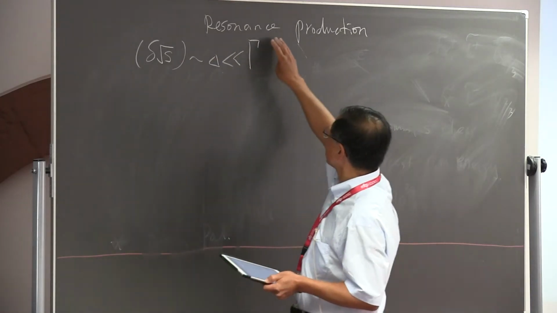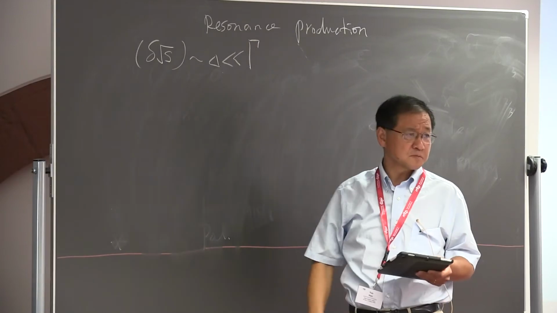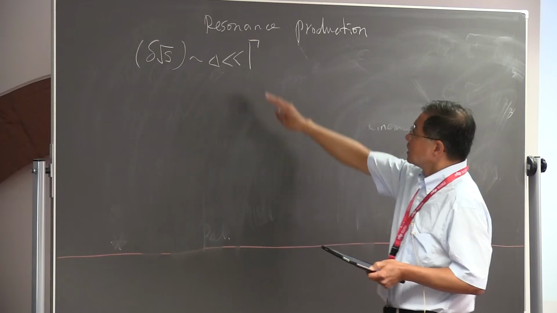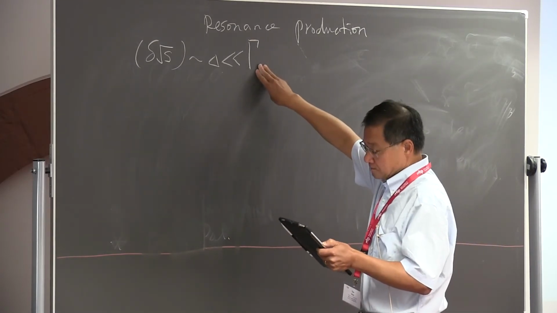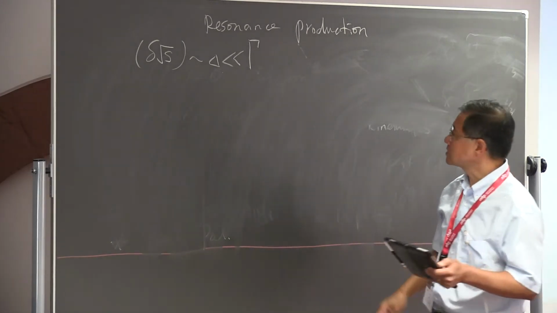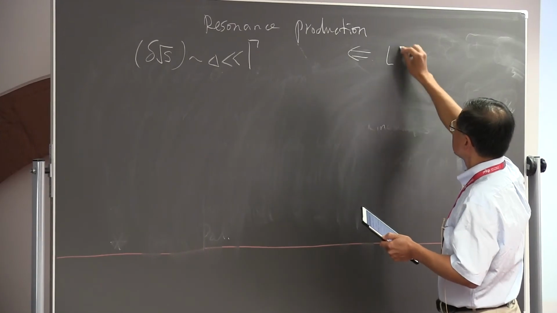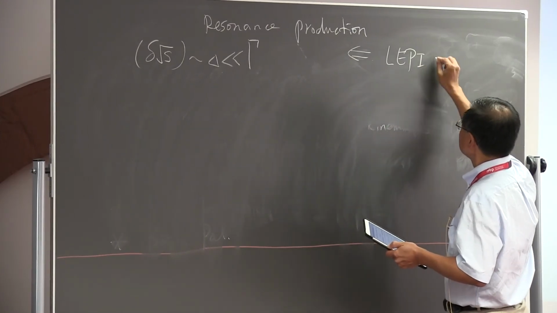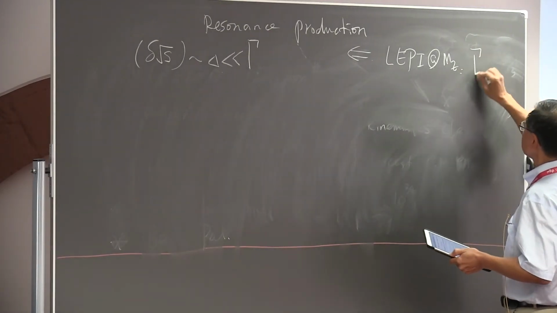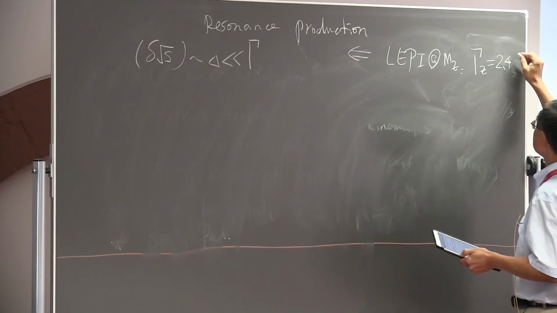However, if you have a resonance production, you produce a particle with a sharp shape, Breit-Wigner shape, then you need to think about that. If the particle width is significantly broader, which is quite commonly the case, we have this in mind: for LEP 1 at MZ, the Z width from your Particle Data Book is 2.4 GeV.